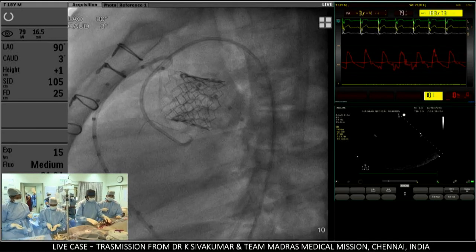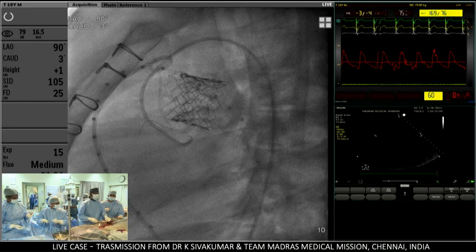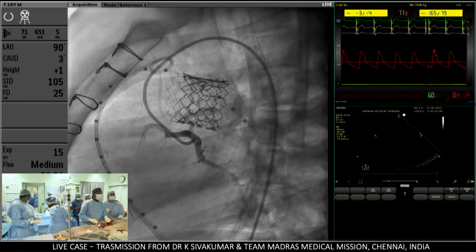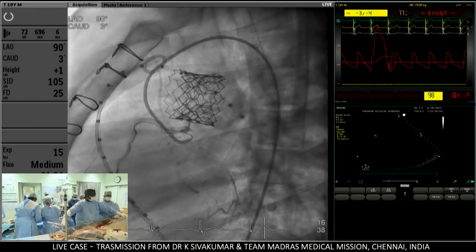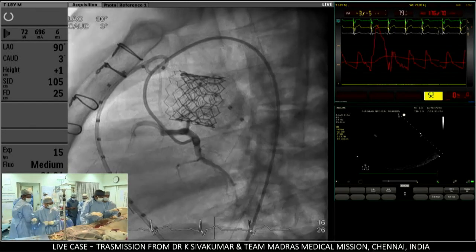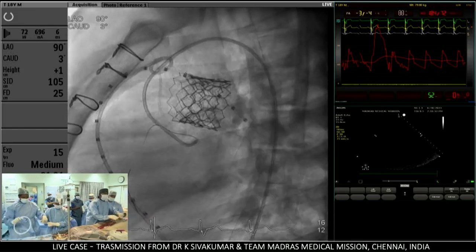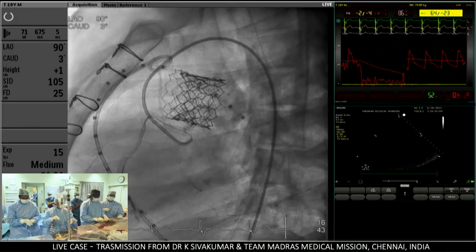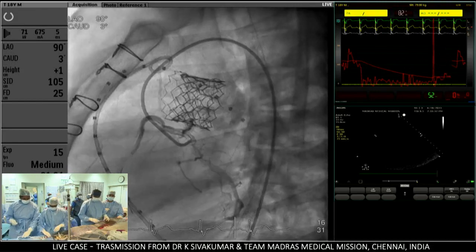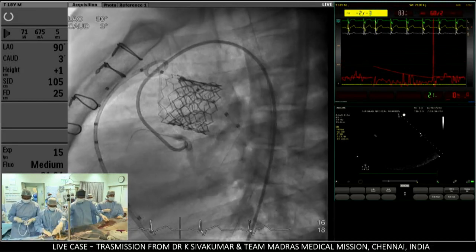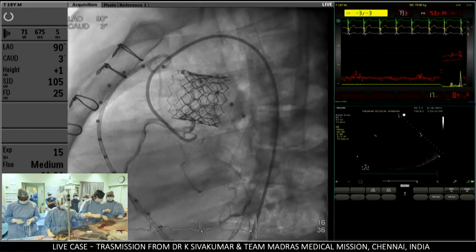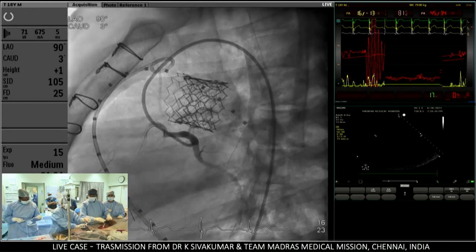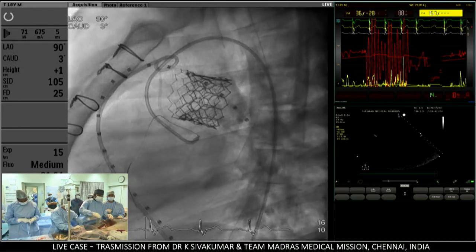I'll just make one coronary injection and pull it out. So now I will disconnect the aortic pressure. This is distal pulmonary artery pressure. Second pressure line. This is right ventricular pressure.